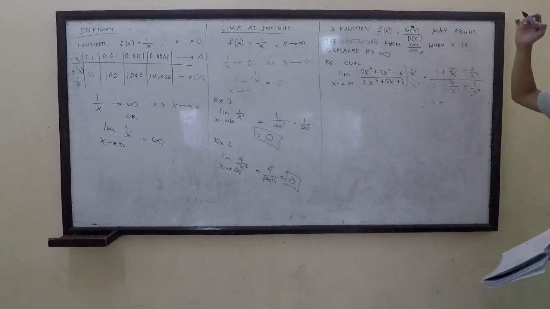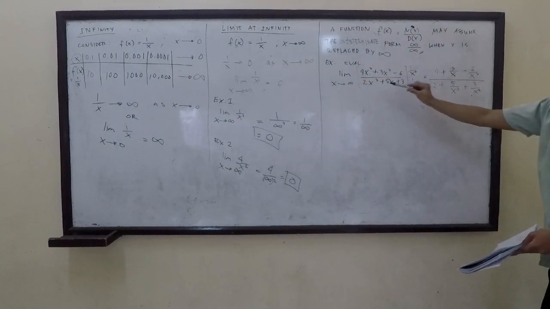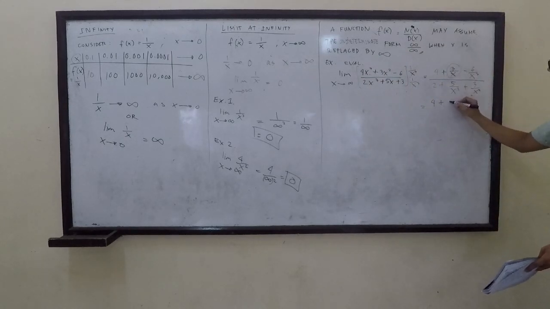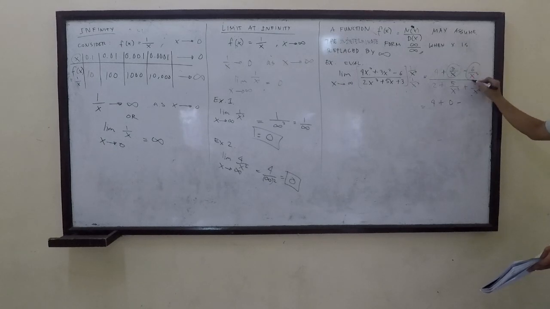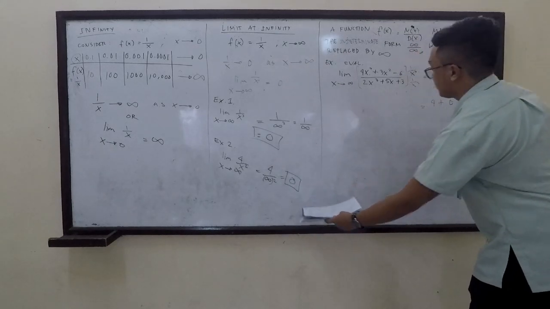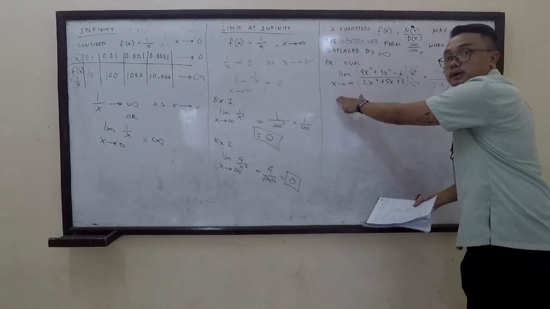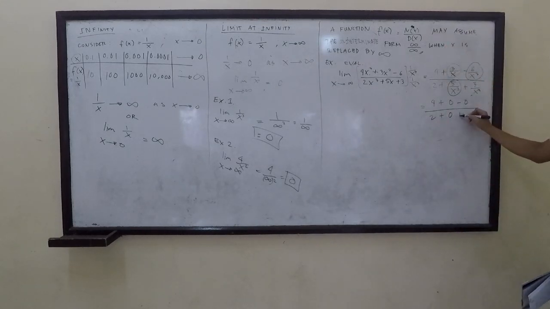Any number divided by x as x approaches infinity is just 0. So this one is also 0, and this one too. Remember, it is 0 whenever x is infinity.